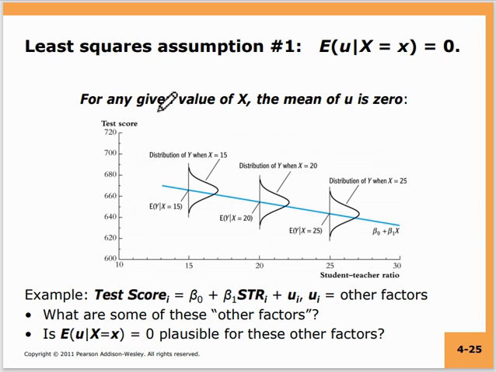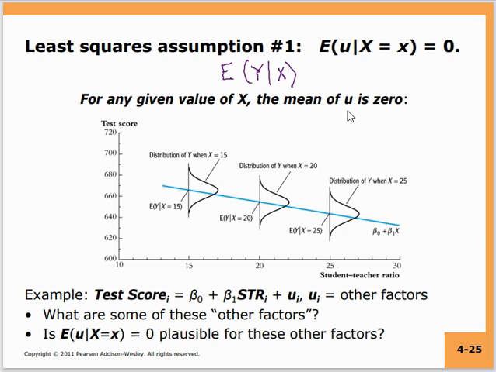So the first assumption is that the expected value of u given x is equal to 0. Now, I have mentioned before that there is an asymmetry in linear regression, where we talk about the expected value of y given x. So x is given, and we look at how y varies for given values of x.